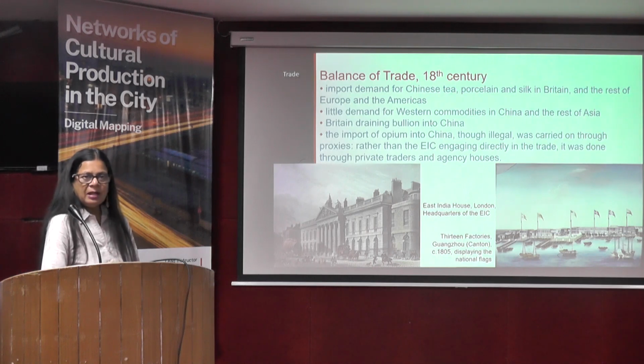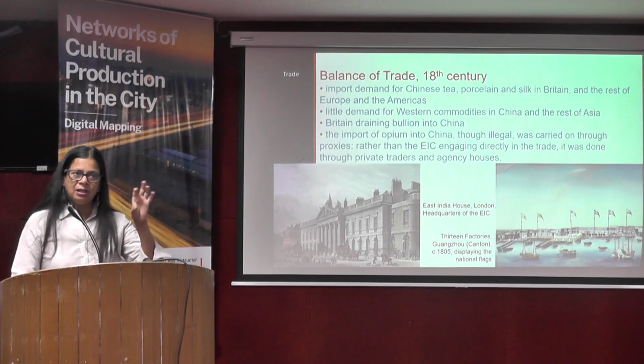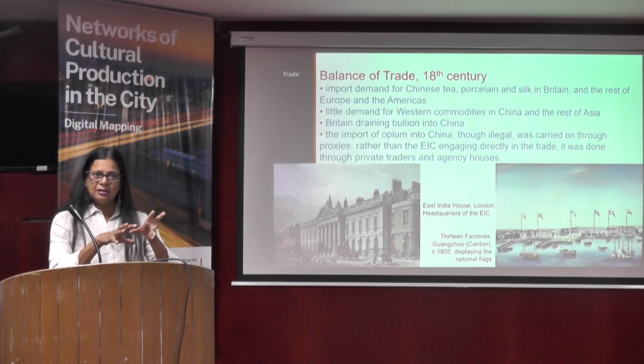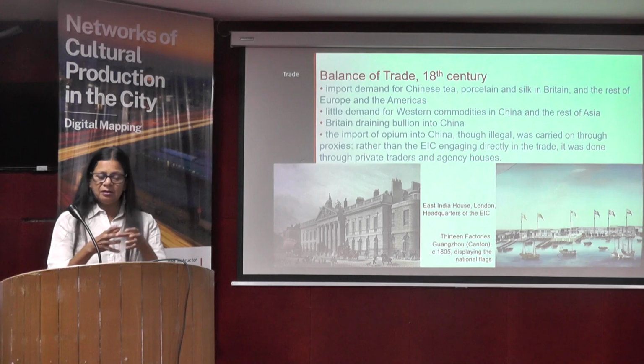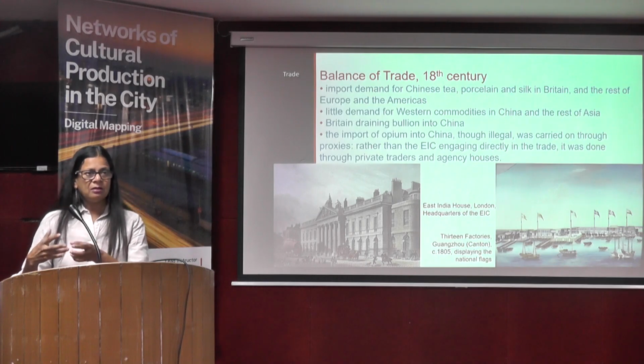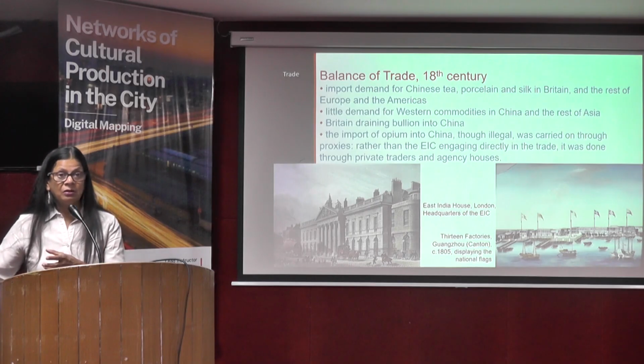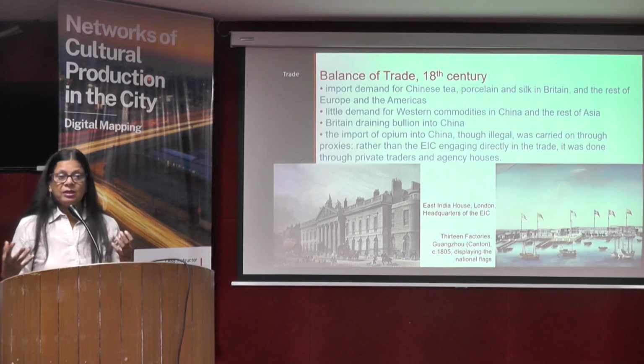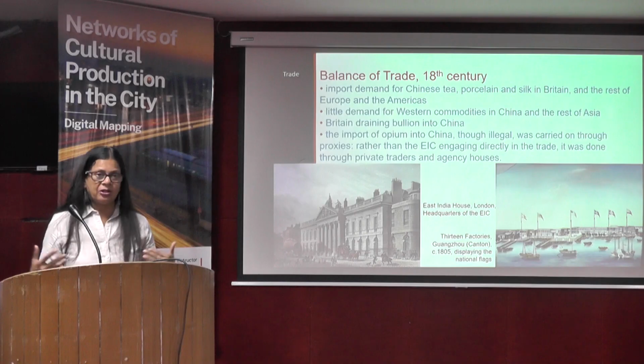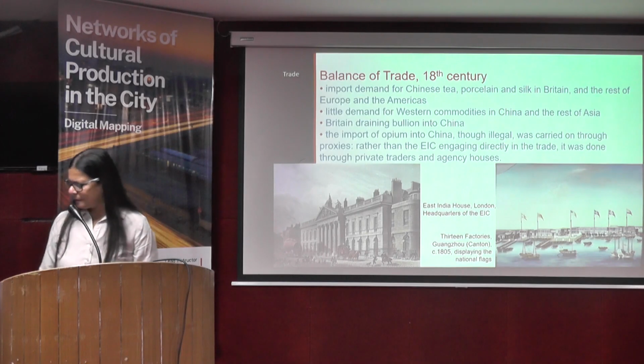Depending on your analysis, you can look at the economic heart of London, the economic heart of Calcutta, and then the economic heart of what's happening, whether it's Canton or Shanghai or whatever it is. In other words, there are deep connections that are often not discussed in spatial terms.